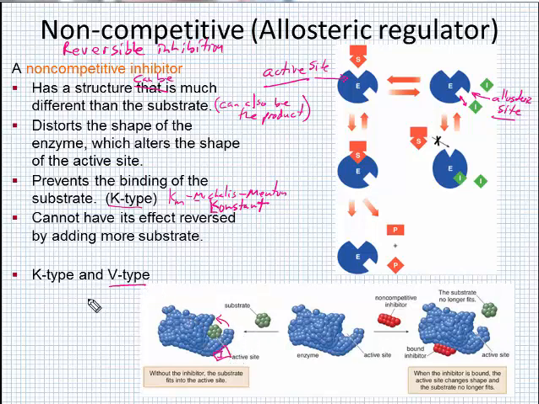So the V-type prevents the reaction from occurring, but does not prevent the substrate from binding.